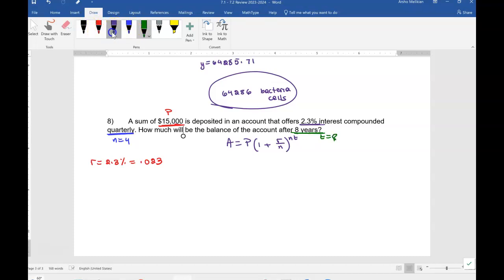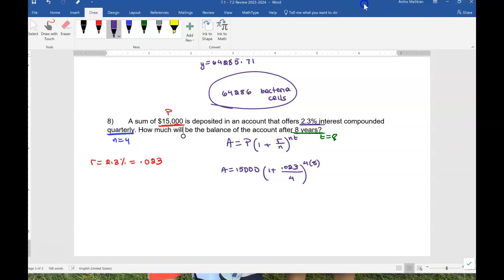Okay, so let's plug all this in. So P is 15,000, 1 plus 0.023 over 4, to the power of 4 times 8. Don't forget that n is in the equation twice. So 4 on the bottom, 4 at the top.